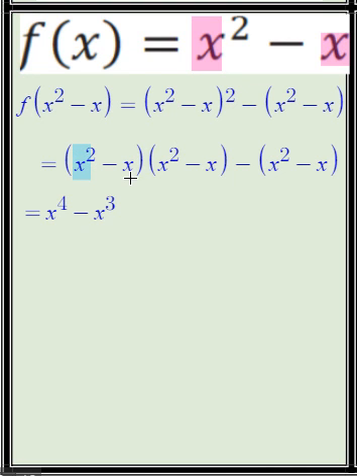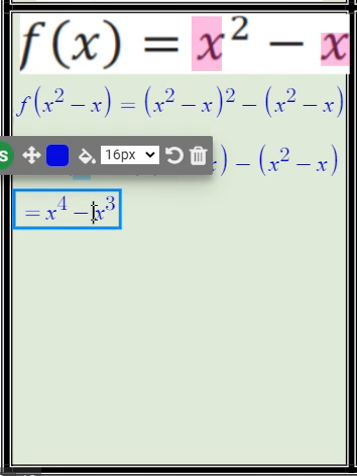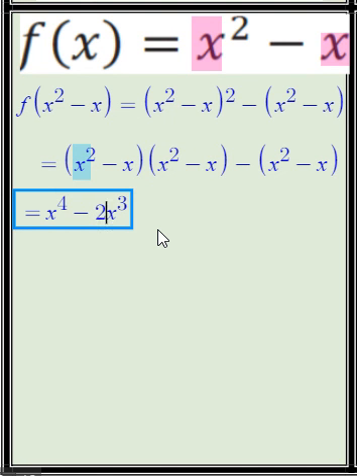So now it becomes negative x's turn. And negative x times x squared is another x to the third. So this becomes a 2. And finally, a negative x times a negative x becomes a positive x squared.